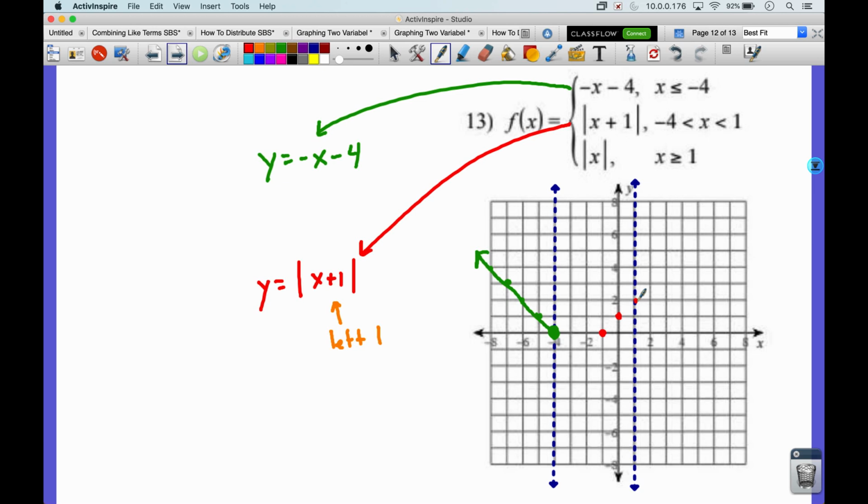There's a vertex right there. But I'm going to stop it when it hits the boundaries. Connect these up. And then check to see, and it's going to be open dots on both sides. So I like to do this. I make a big dot and then make it clear that it's open in the middle.